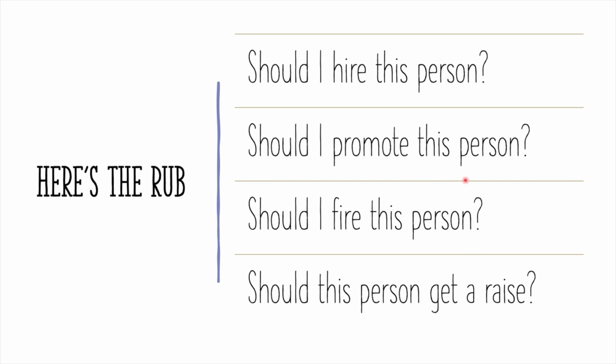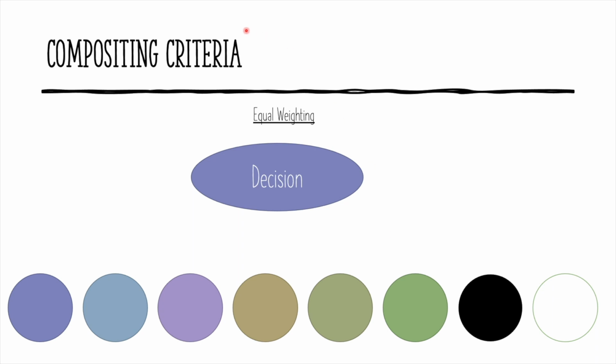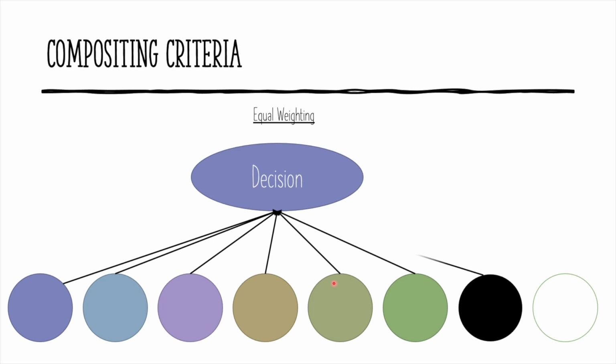So what you want to do is aggregate it into a yes or no decision, and there's a couple of ways that you can do that. The first way to composite it into a single decision is equal weighting. And equal weighting is exactly what it sounds like. Each of these individual criterion factors leads equally to a decision.